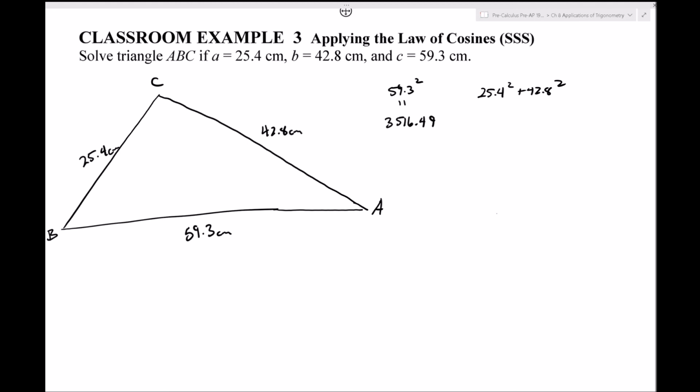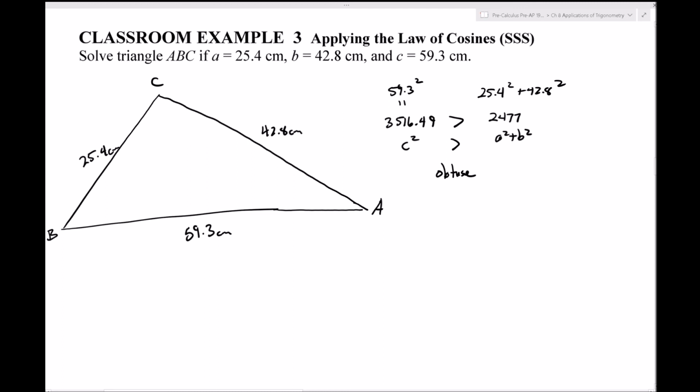And I'm getting 2477. This one's clearly bigger. This one's c squared, and this one's a squared plus b squared. When c squared is larger, this is obtuse. And like I said earlier, there's a reason why that matters.